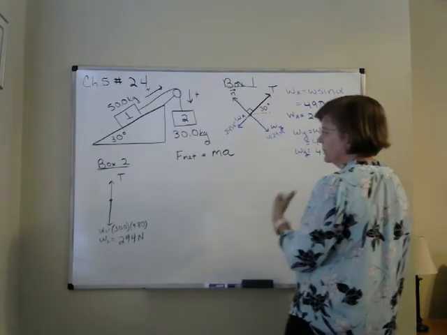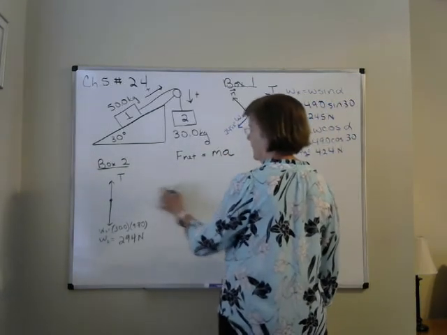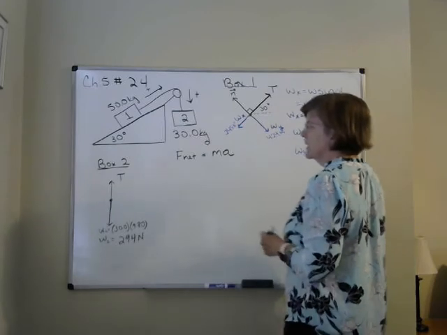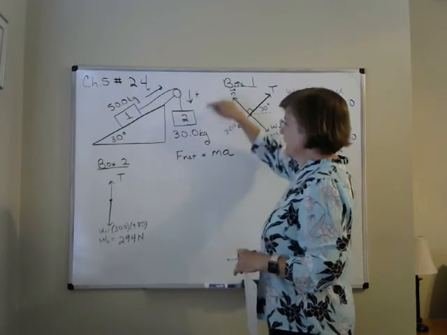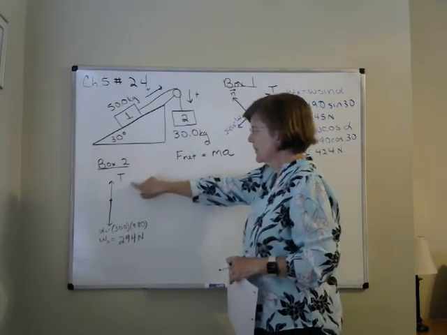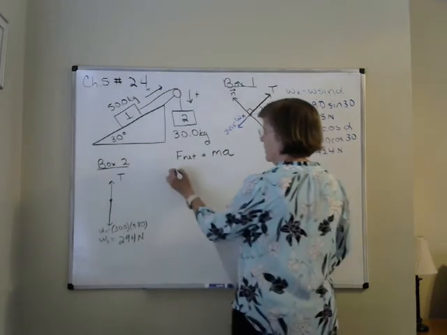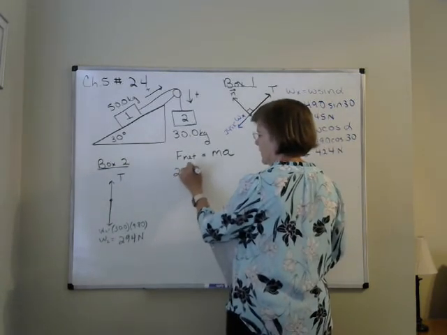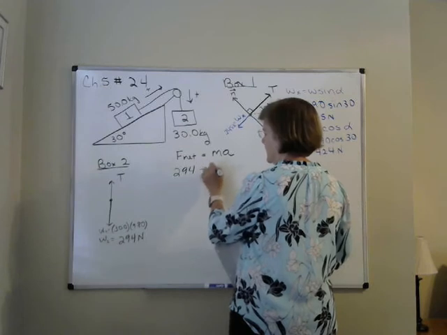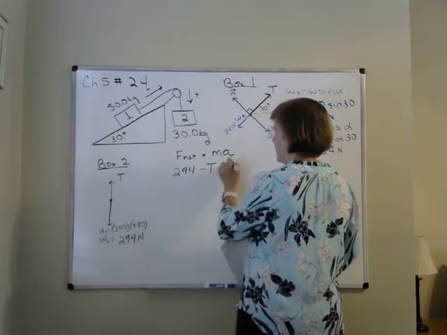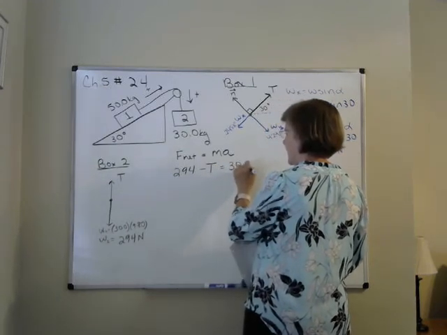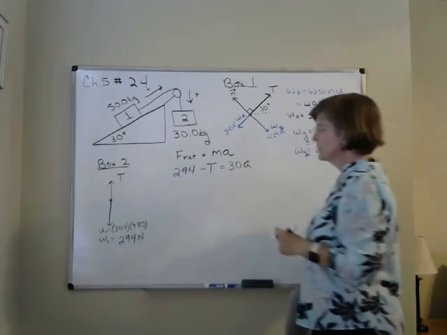If we do it for box 2, when we do the net force, we need to remember that down is positive and up is negative. So we get 294 minus T equals 30A. That's the equation for box 2.